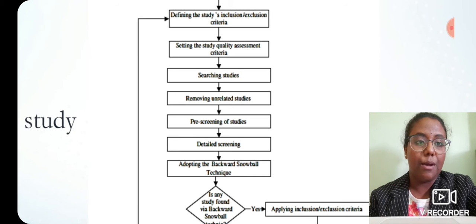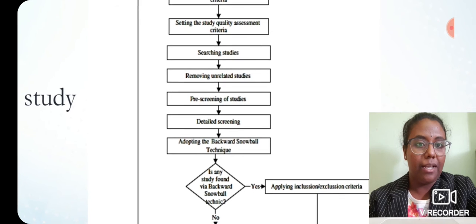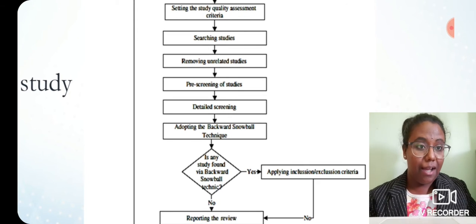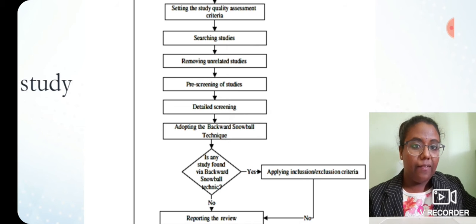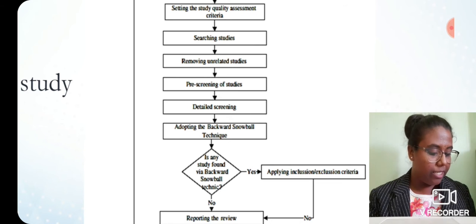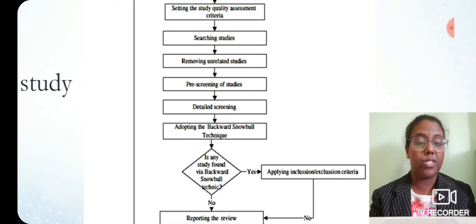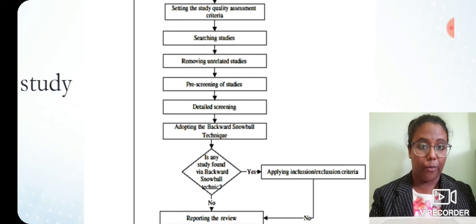I presented my work in table form to my supervisor, and then by adopting the backward snowball technique, I completed my studies. The backward snowball technique is the guideline of using snowballing as a way to search for relevant literature, which was successfully done and applied to systematic literature review.